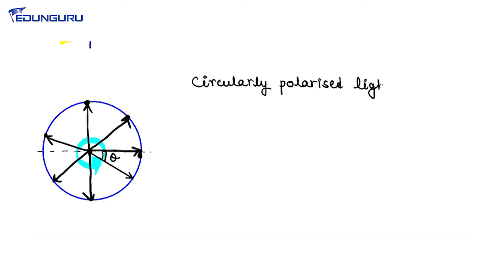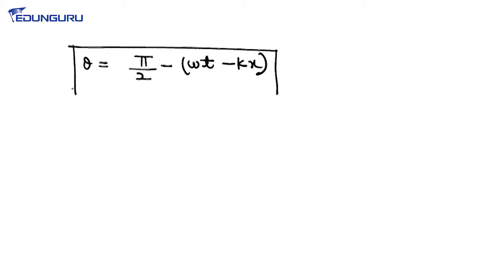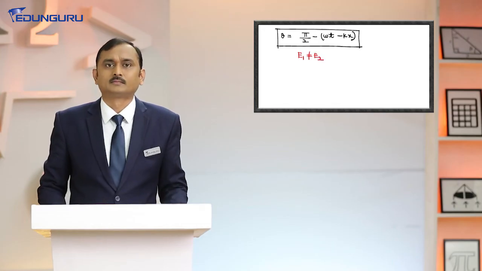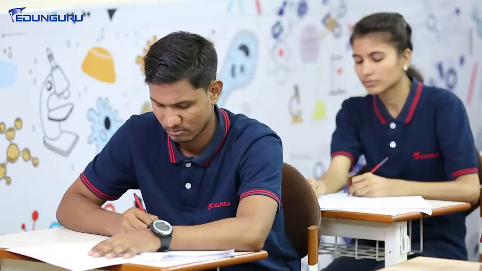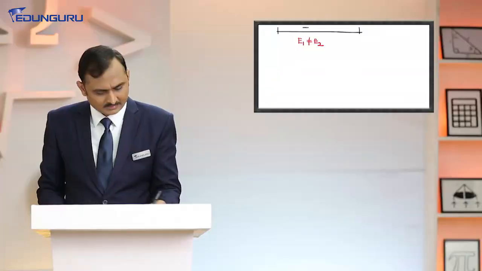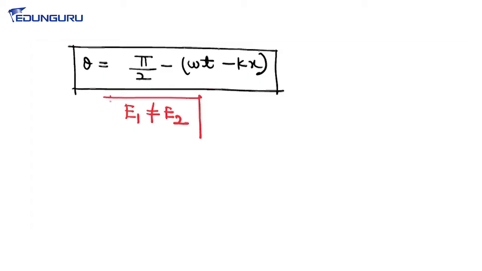Now, let us take another case. In this case, theta is pi by 2 minus (omega t minus kx), right? This is theta. Again, it is changing with time t, but here E1 is not equal to E2.